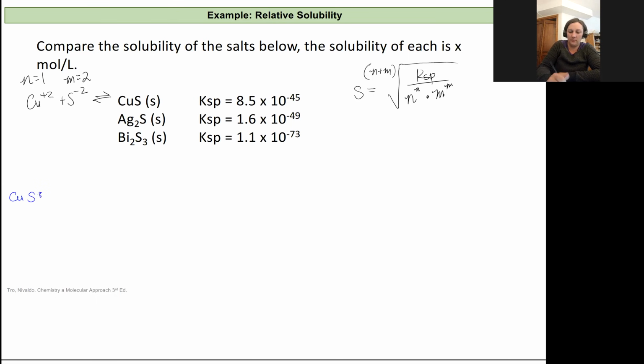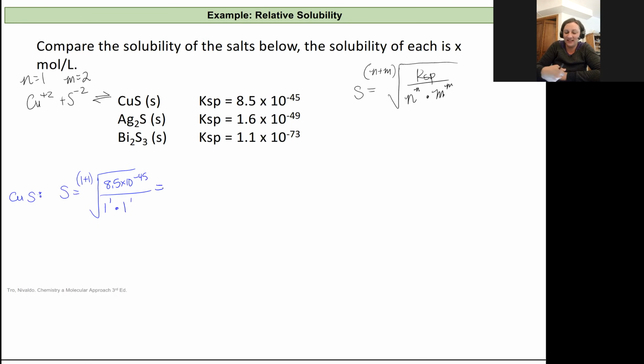So if I go ahead and calculate that for copper sulfide, this is what we'll get. Our molar solubility will be equal to the root of 1 plus 1, so that's going to be 2. Our Ksp is 8.5 times 10 to the -45, and it'll be divided by 1 to the power of 1 times 1 to the power of 1, or just 1.